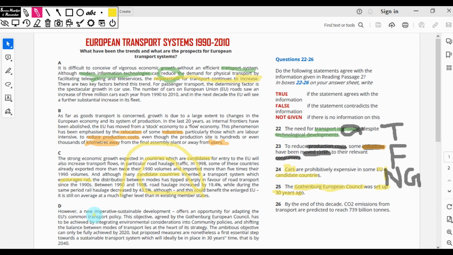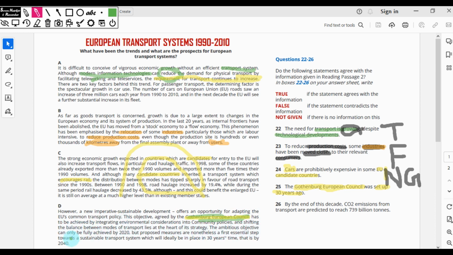So we are going to find it. And then here is the European Council. We need to look at it thoroughly and read carefully. The passage says the European Council is actively considering policy shifting and a balanced transport strategy.